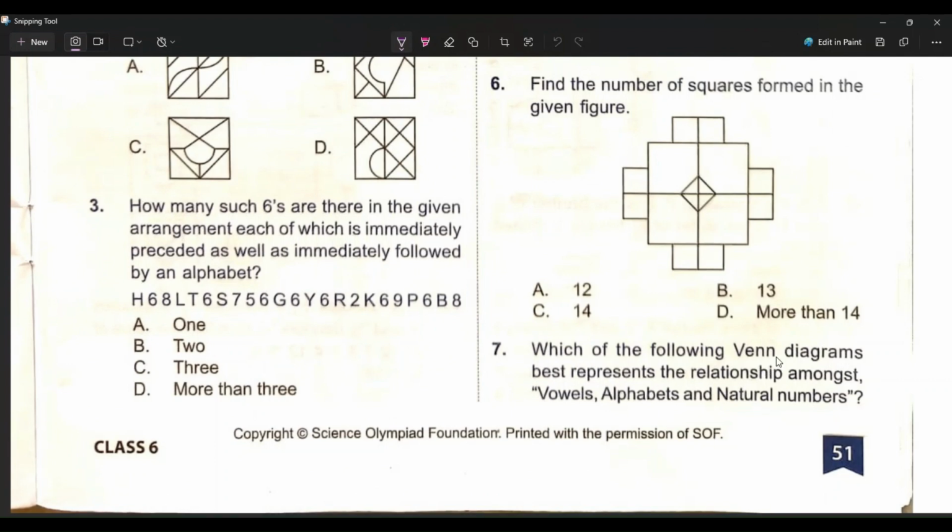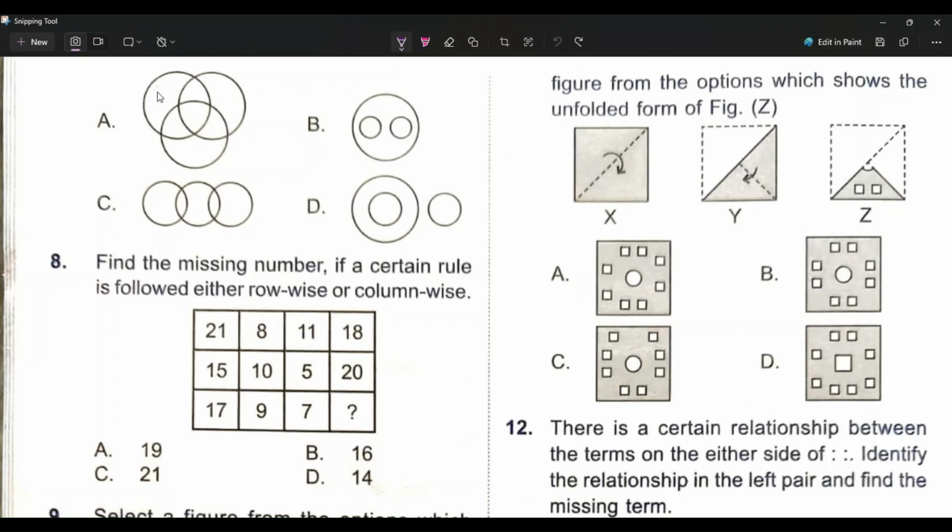Seventh question. Which of the following Venn diagrams best represents the relationship amongst ovals, alphabets and natural numbers? So these are the options given. And from these options, which is the best suitable Venn diagram for the given question? So the given information is alphabets, ovals and numbers.